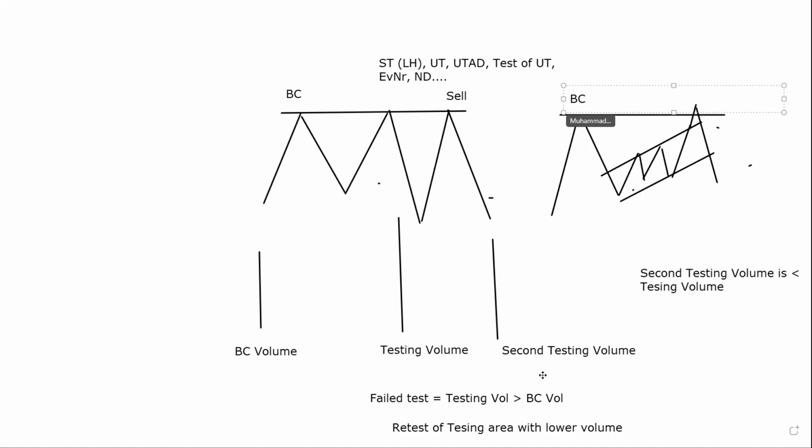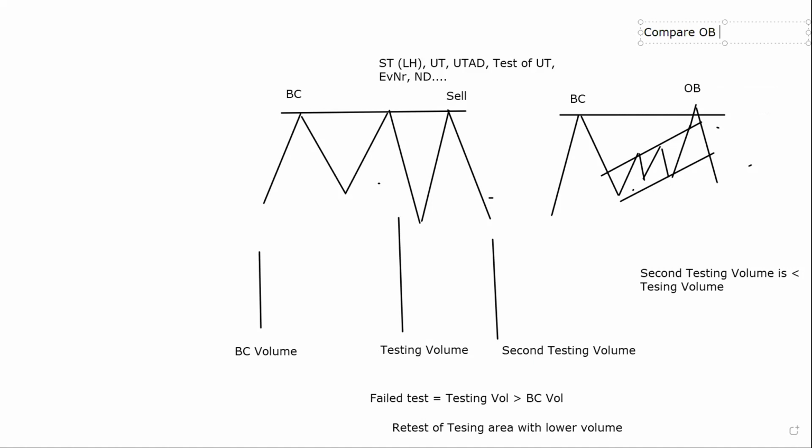We will apply the same formula here. Do I have to repeat the whole formula, or have you got the point? I think I understand. Okay, so now we will compare the OB volume, the overbought of this channel, with the buying climax.